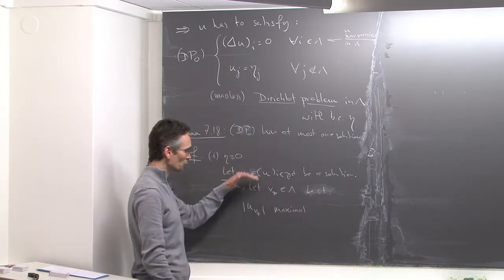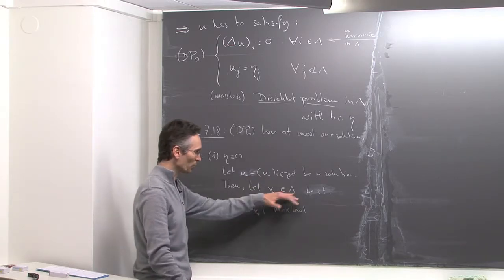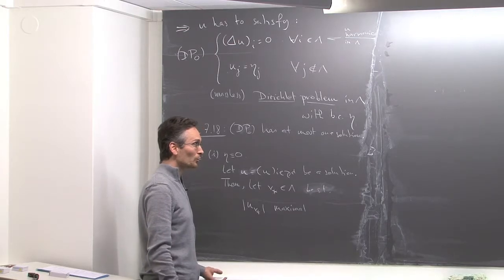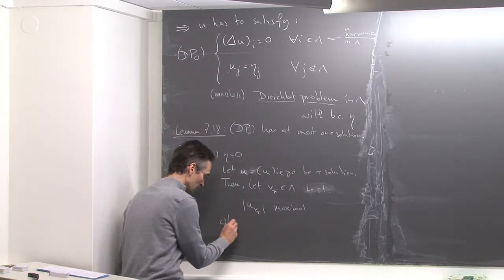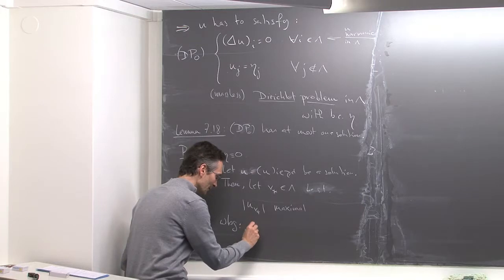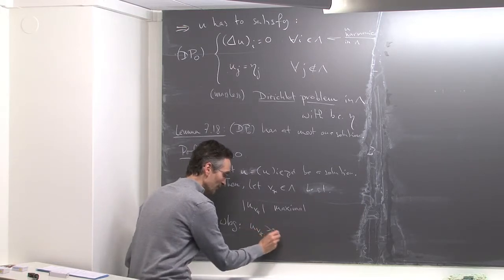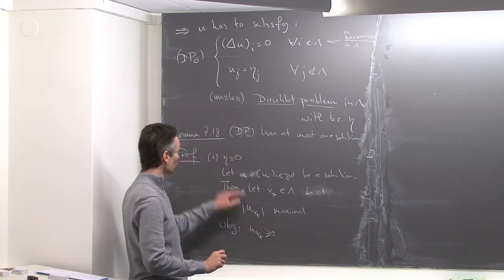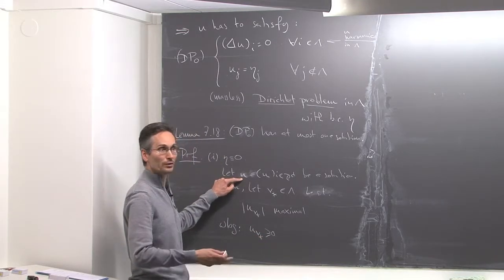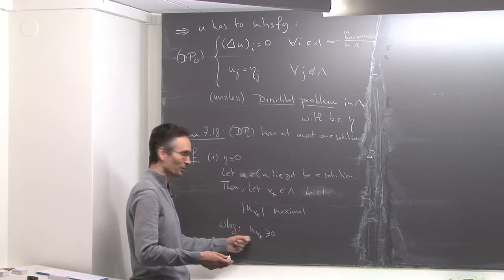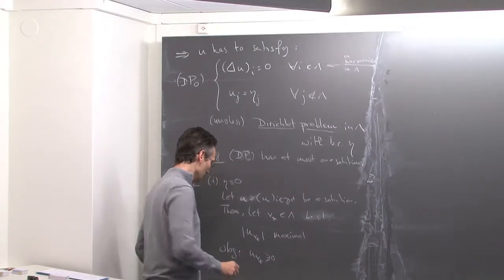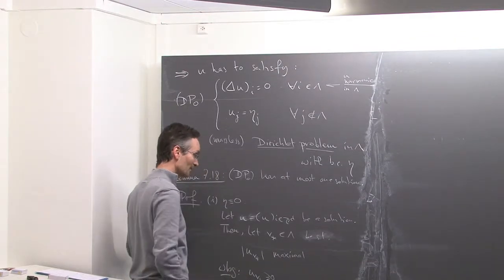You have some function, you look where inside the box lambda it takes the maximum value in absolute value. Without loss of generality, I can assume that actually u at v star is non-negative. Why? Because otherwise, if u is a solution, minus u is also a solution, and if u was negative, then minus u is positive. So without loss of generality, I can assume that this is the case.